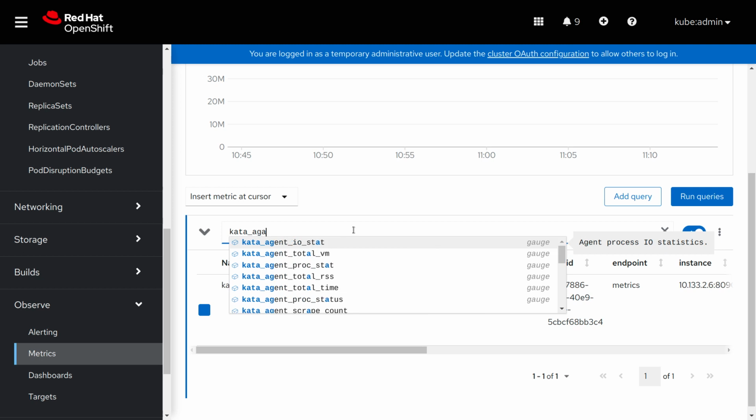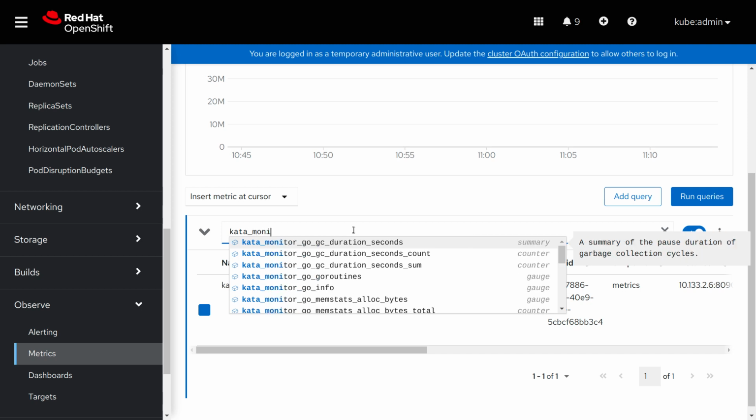You have Kata agent metrics. The agent is a process running inside the VM and managing the actual container running within it. And finally, Kata monitor metrics. The Kata monitor is the process that is gathering the metrics for sandbox containers.